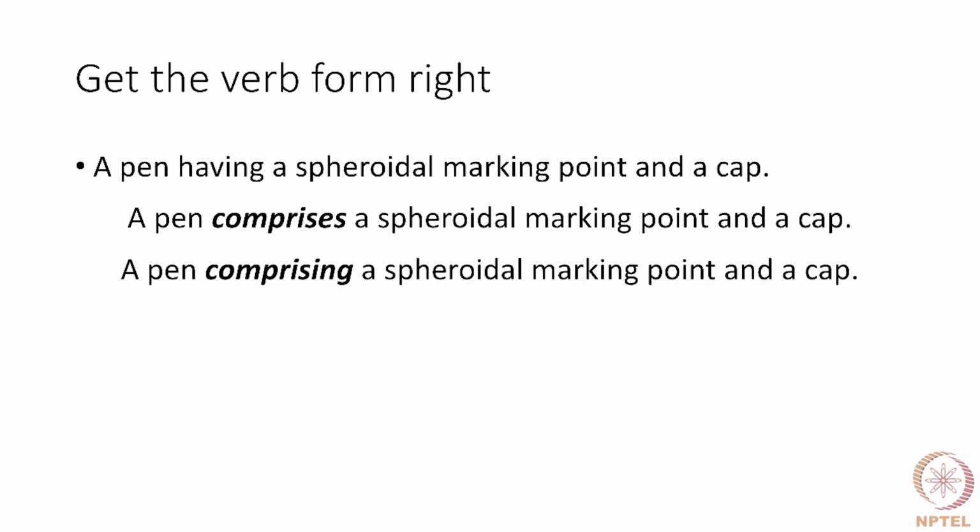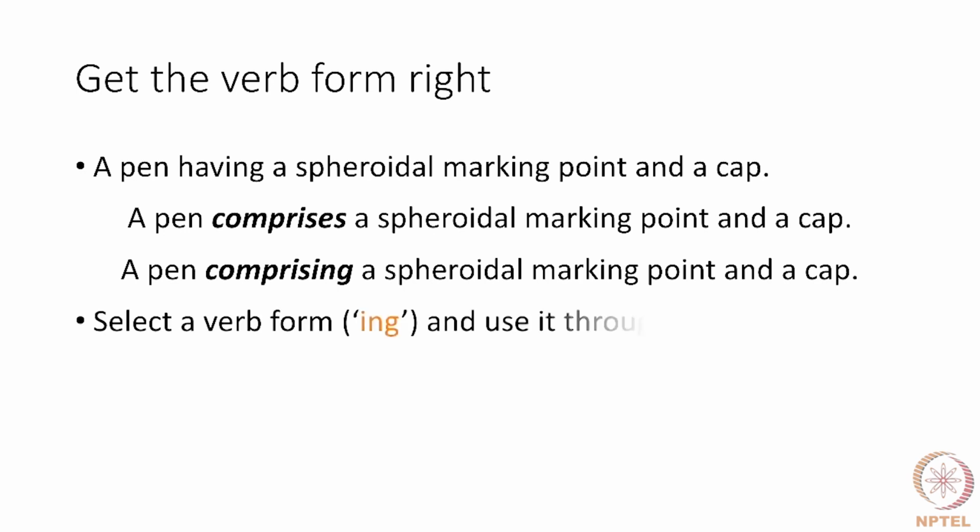Or you could have it in a more direct language, like a pen comprising a spheroidal marking point and a cap. Now, comprises, there is enough case law on this to say that comprising, the ing form, is the one to be used, because that verb form allows you to present the claim in the present tense.